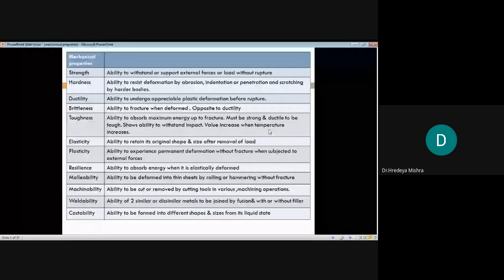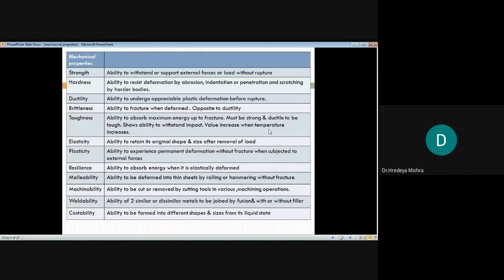And there is a constant called the elasticity constant E. We also call it Young's modulus. Young's modulus is nothing but the constant of elasticity.